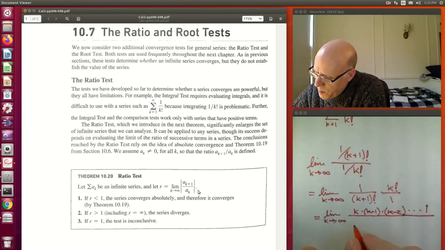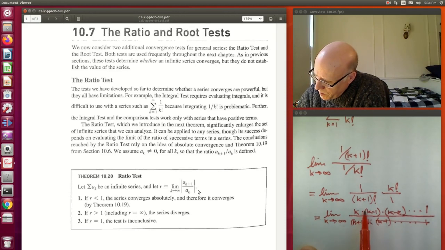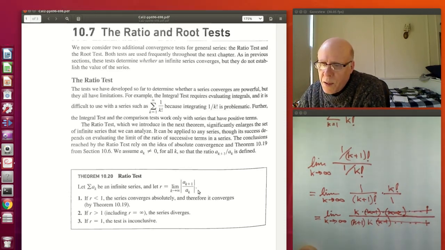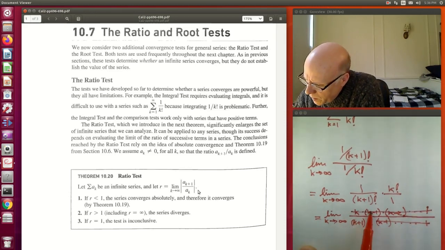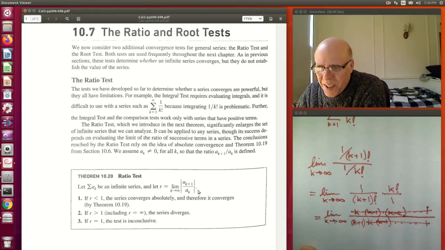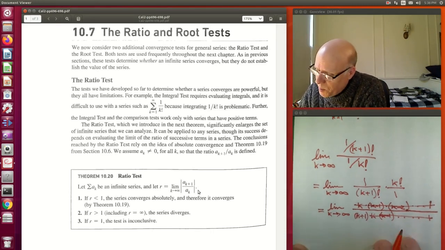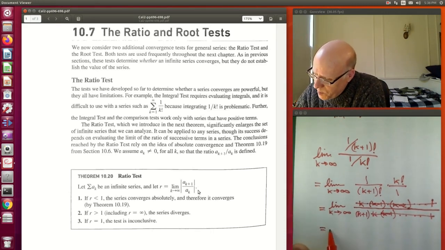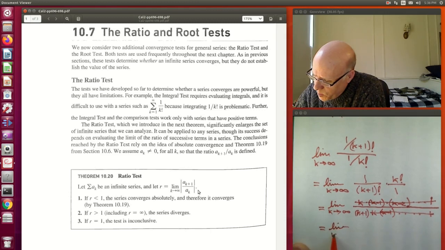And the denominator has k plus 1, and then k, k minus 1, and right on down until we get to 1. So the k minus 1 through 1 and this k minus 1 through 1, they cancel. Wait, that k and that k is also going to cancel, right? So everything from k down to 1 on the bottom and everything in the top goes away. So we end up with the limit as k goes to infinity of 1 over k plus 1.